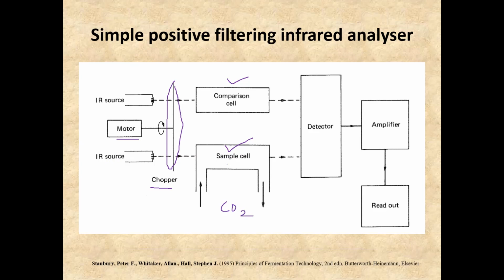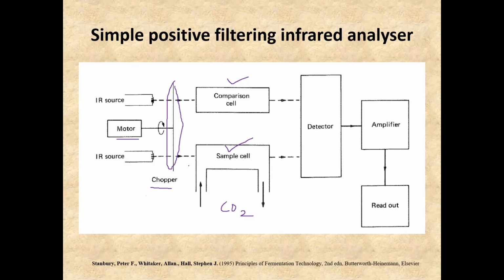Obviously, the transmitted radiation will be of reduced energy. So the detector will sense that the radiation coming out of the sample is of reduced energy, because the carbon dioxide in your sample has absorbed the infrared radiation, and so less radiation is reaching the detector.